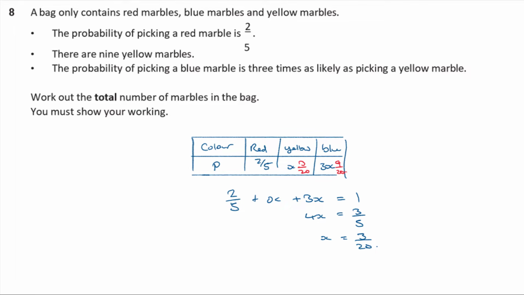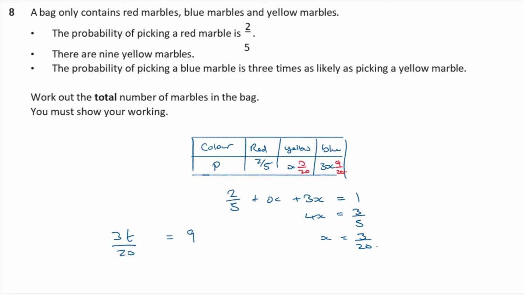Right, and then work out the total number of marbles in the bag. If the total number of marbles was t, then if there are 9 yellow marbles and 3/20ths of the marbles are yellow, then 3/20ths of the total is equal to 9, isn't it?